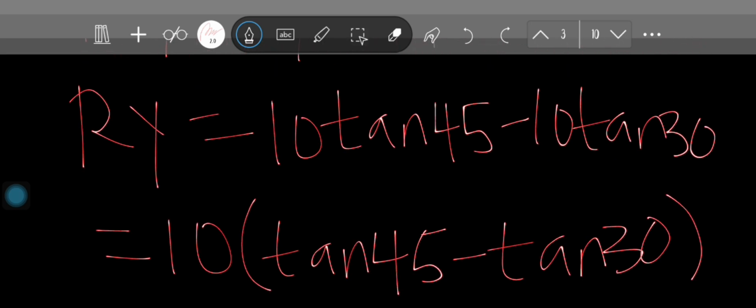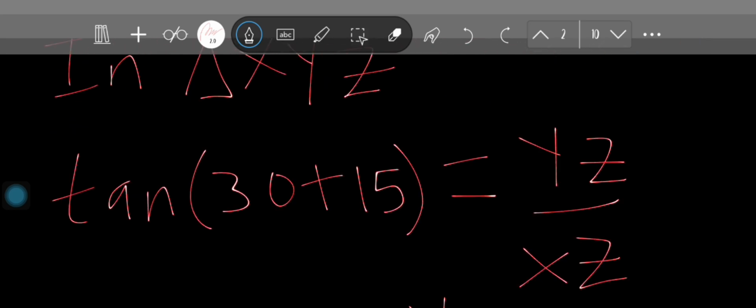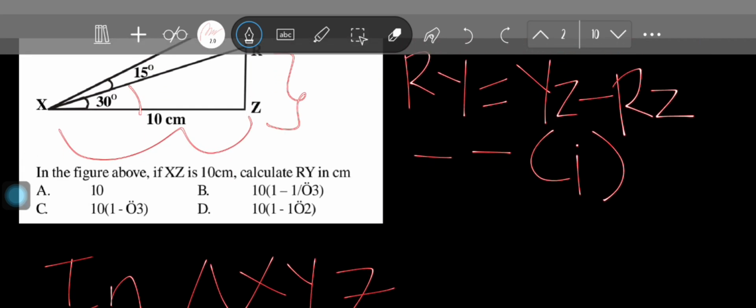So the answer is 10 into bracket 1 minus 1 over root 3. So let's check. Now you can see that B is the correct answer. That was the typo error I mentioned, where the symbol you can see there with two dots is actually root 3.